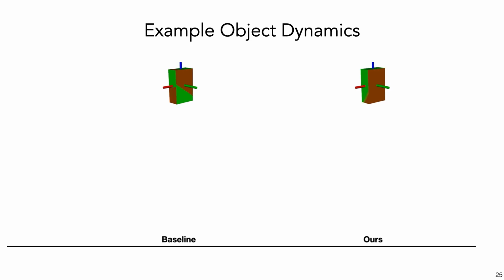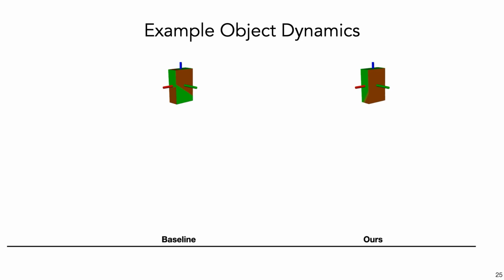Now let's see how these estimates can help us. So here is a physics simulation comparing how an object would move when a constant force is applied. We compare our inertial estimate to the baseline estimate. The green box contains the ground truth object dynamics, and the red is the same object, but it uses the estimated dynamics.